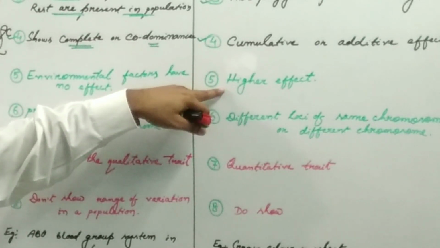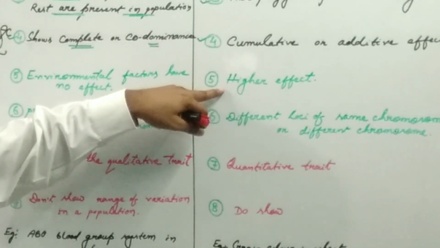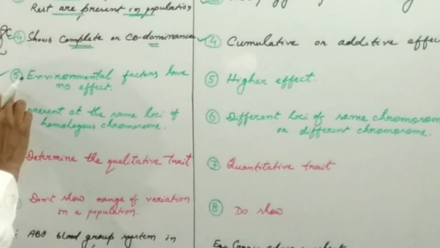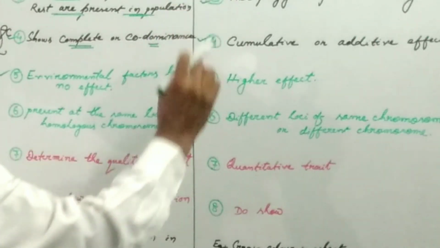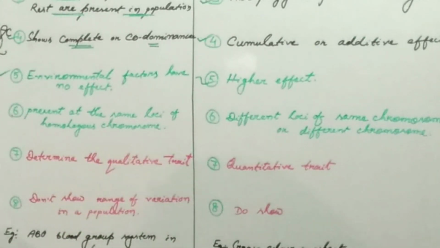Environmental factors may also determine the production of melanin pigment in the skin. It means they may affect the skin color of human beings. So multiple alleles have no environmental effect, but polygenic traits have a high effect of environmental factors.